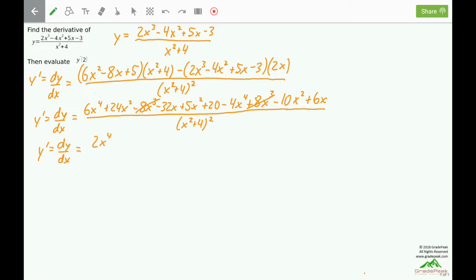We have a 24x squared, a plus 5x squared, and a negative 10x squared. 24 plus 5, that's 29, and then minus 10, which will be a 19x squared. We have a negative 32x and a positive 6x.